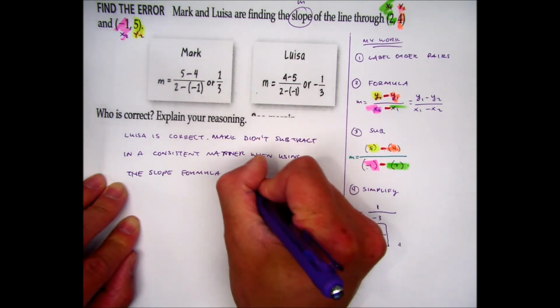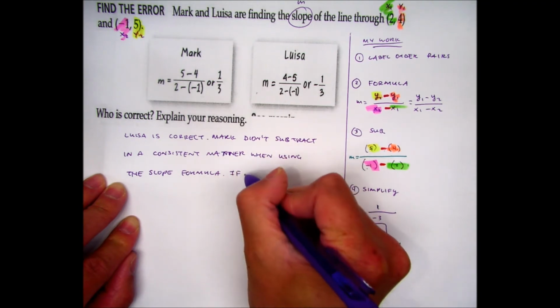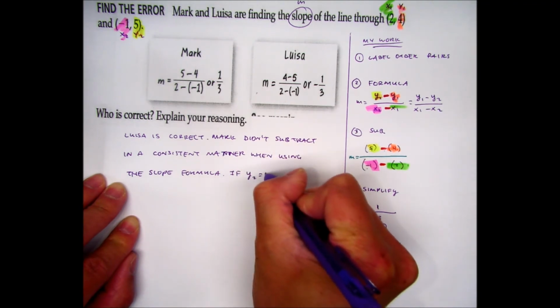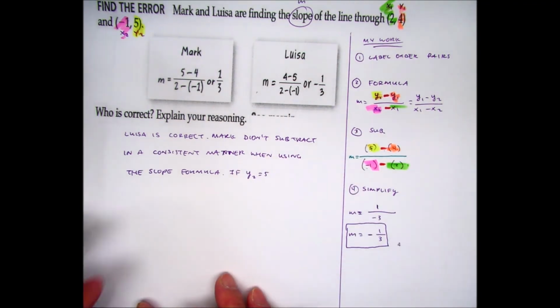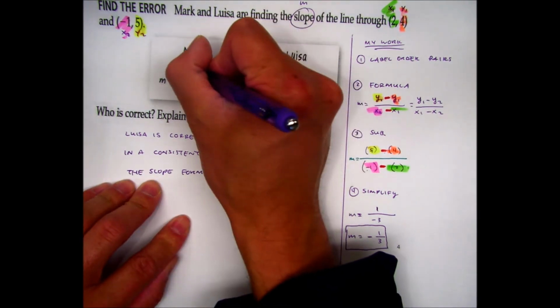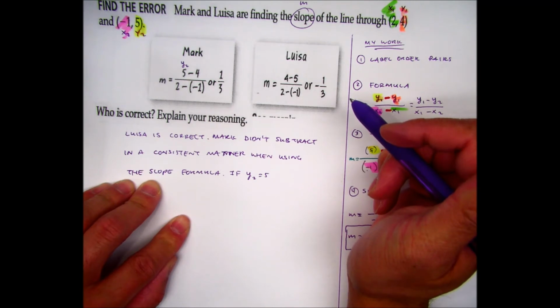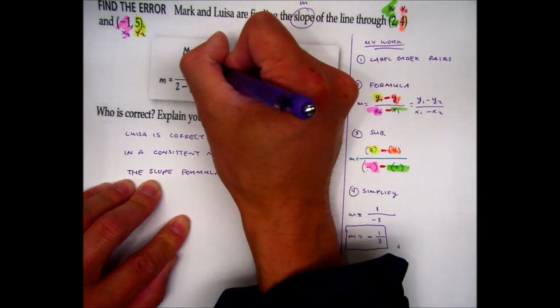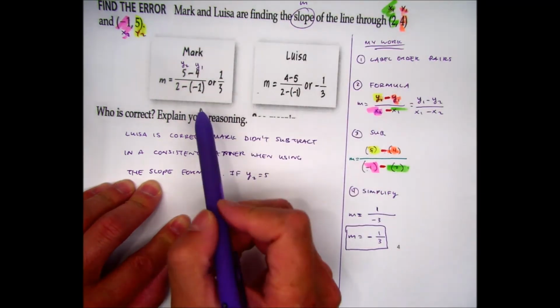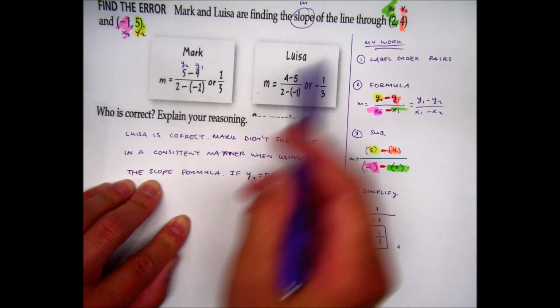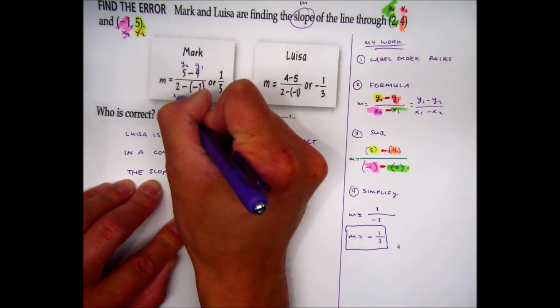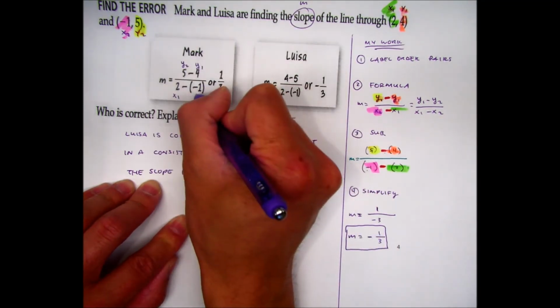So if his y2 value is equal to 5, you can put y2 above this one, and then his y1 value is here. His 2 comes from the x1 value, and the negative 1 is the x2 value.